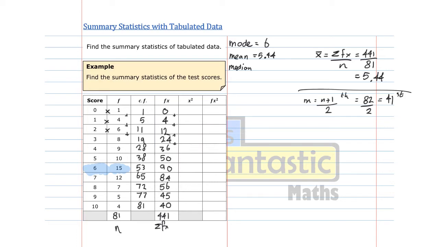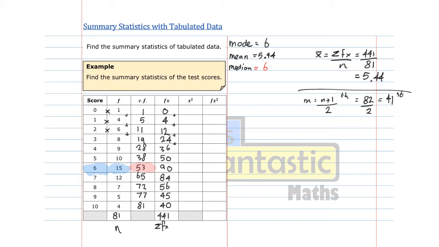So if I'm looking through my data, the first CF that's larger than 41 is this 53. So all of the numbers up until the 38th are 10. Then the 39th, 40th, 41, 42, 43, 44, 45, 46, 47, all of those numbers are here, which is the 6. So looking at my table, the median is 6.